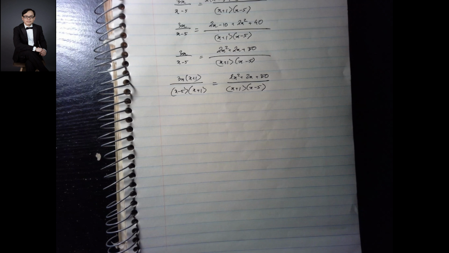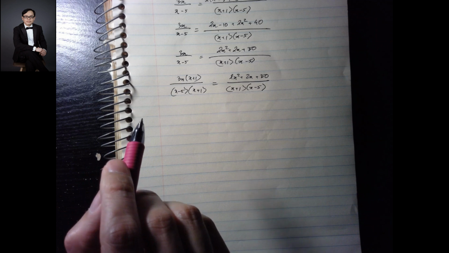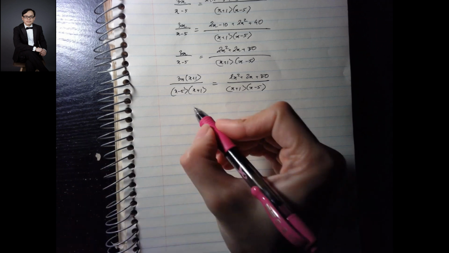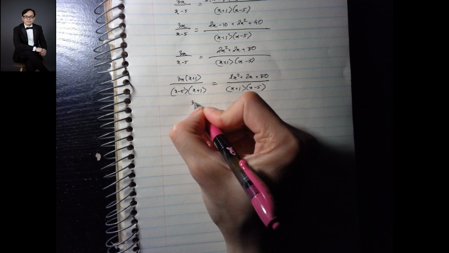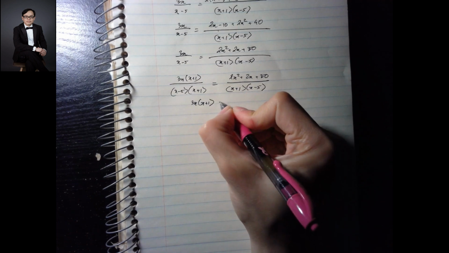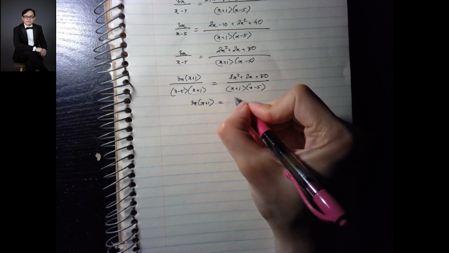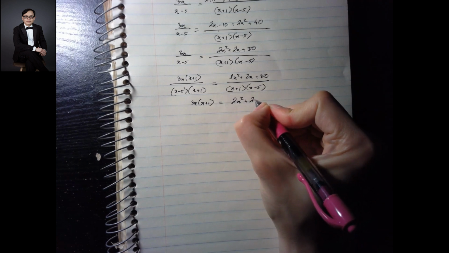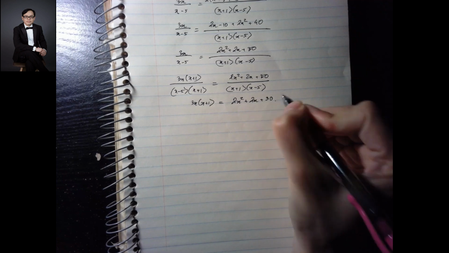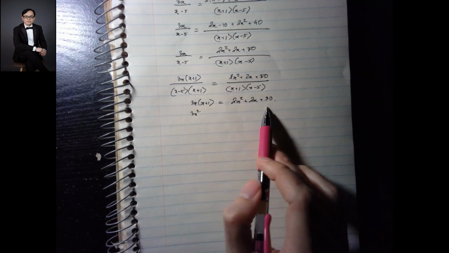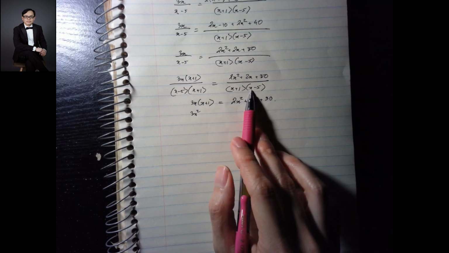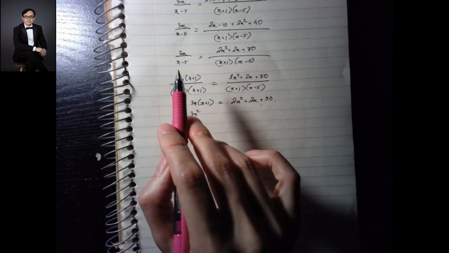If two fractions have the same denominator and are equal to each other, then the top, the numerator, must be equal to each other. So this is equivalent to setting the tops equal, because the denominators are already equal.